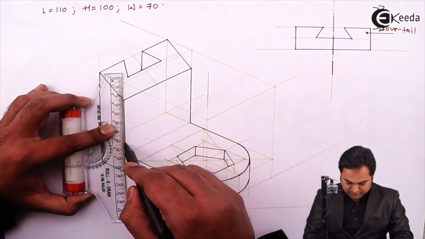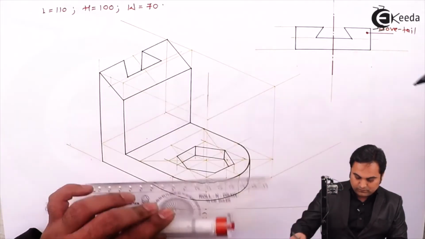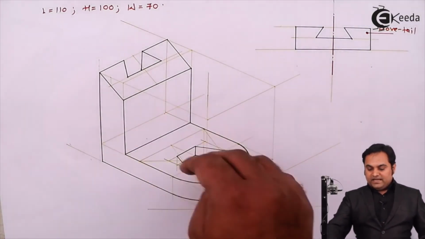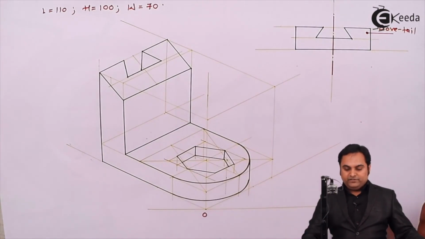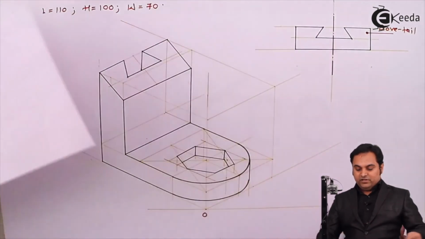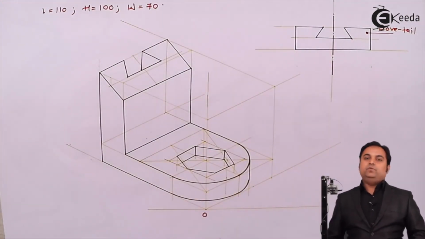Joining all these lines to get the complete surfaces. Now here if we see the drawing, it has been completed and we don't have to give the dimensions here. So this is the answer to the question which they have given. Here I have drawn the isometric projection as visible, and with this we complete the problem.